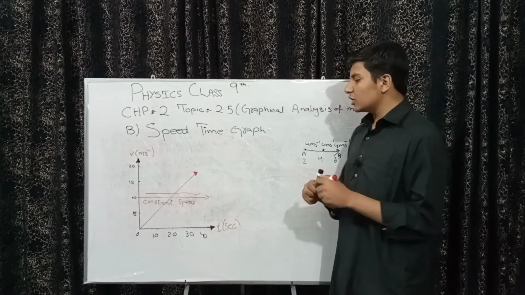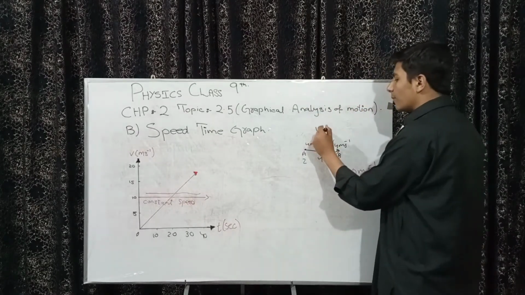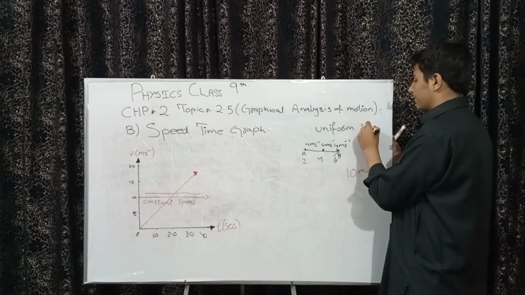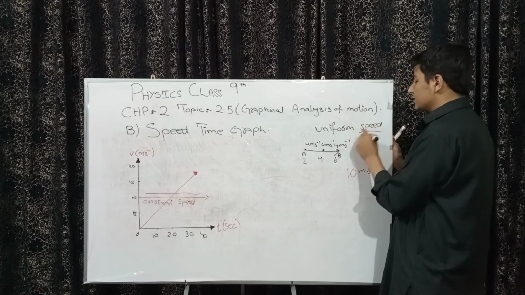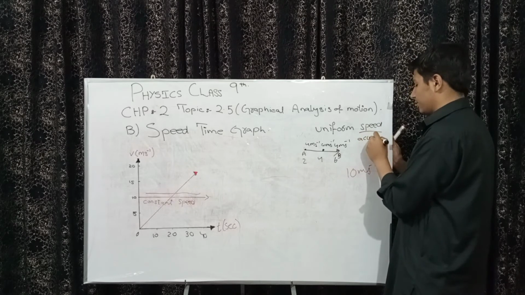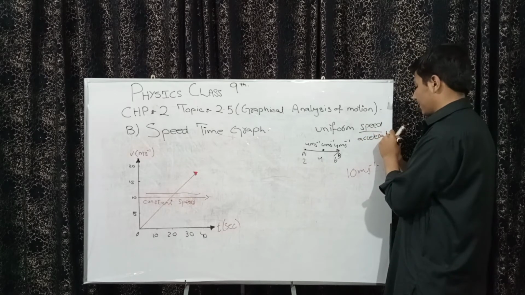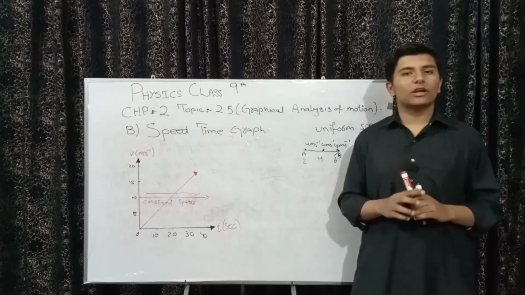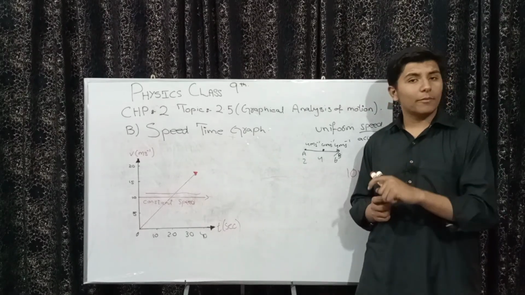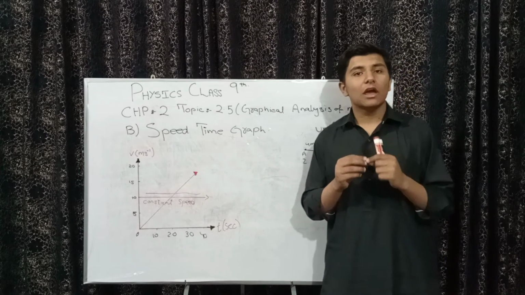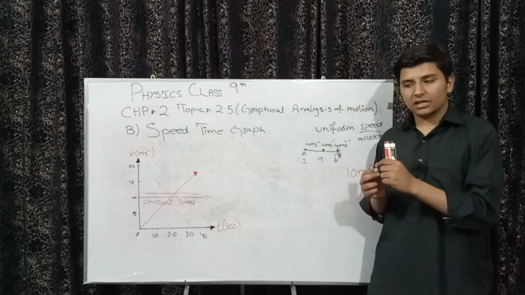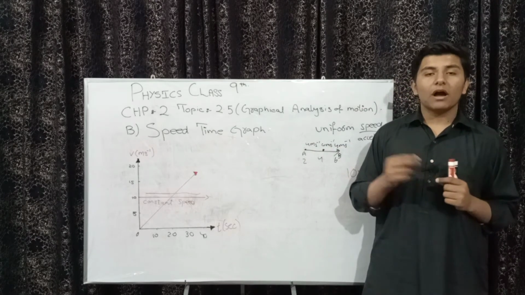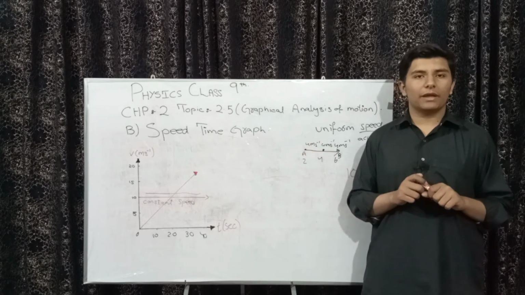Now the other condition comes, which is uniform speed, or you can say uniform acceleration. How does this work? As I've told you, if you remember, uniform velocity is when an object covers equal distances in equal intervals of time, however short the interval may be.